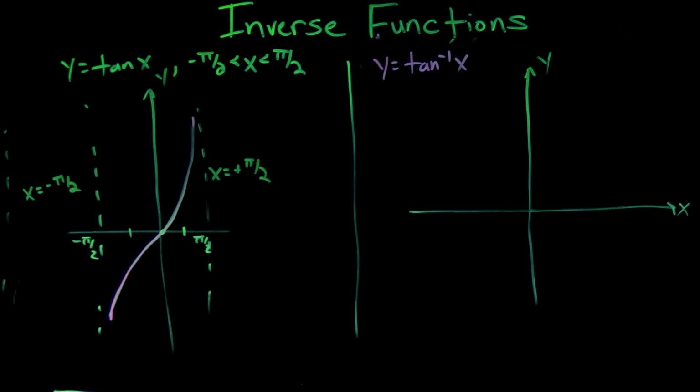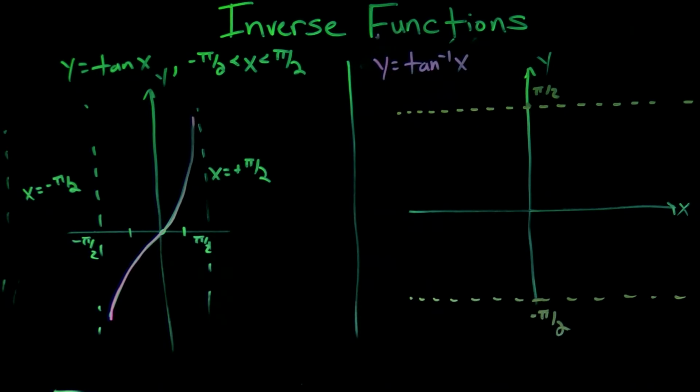When we go to the inverse function, x and y flip, so now these are going to become horizontal asymptotes with equations y equals negative pi over 2 and y equals positive pi over 2.